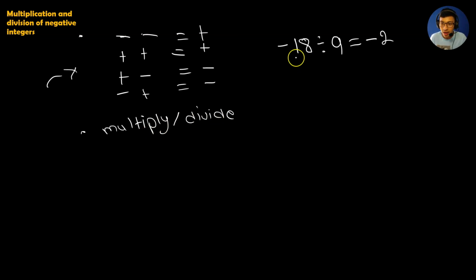As seen in our previous equation, 9 didn't have anything, so it's a positive. We went to our little notes: a negative and a positive equals a negative, so we added the negative in our answer, and then we simply divided. 18 divided by 9 equals 2, and so our answer equals negative 2.